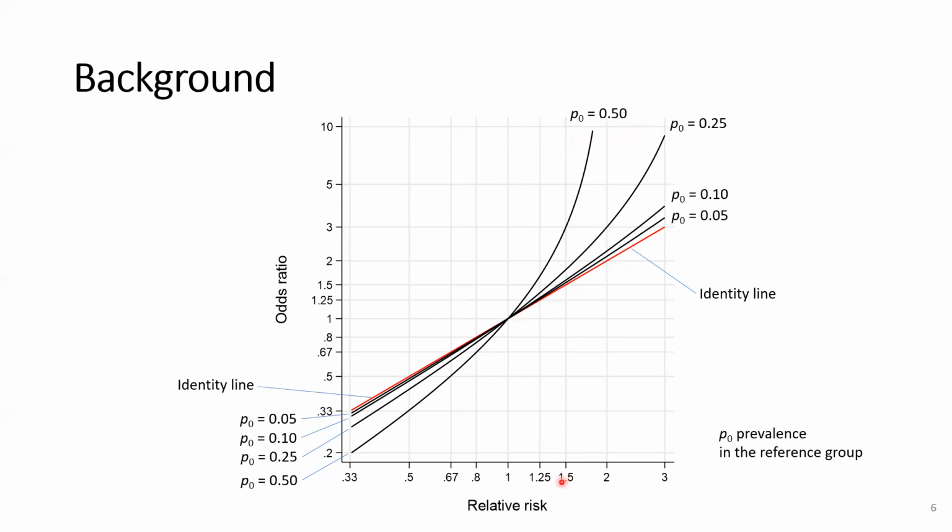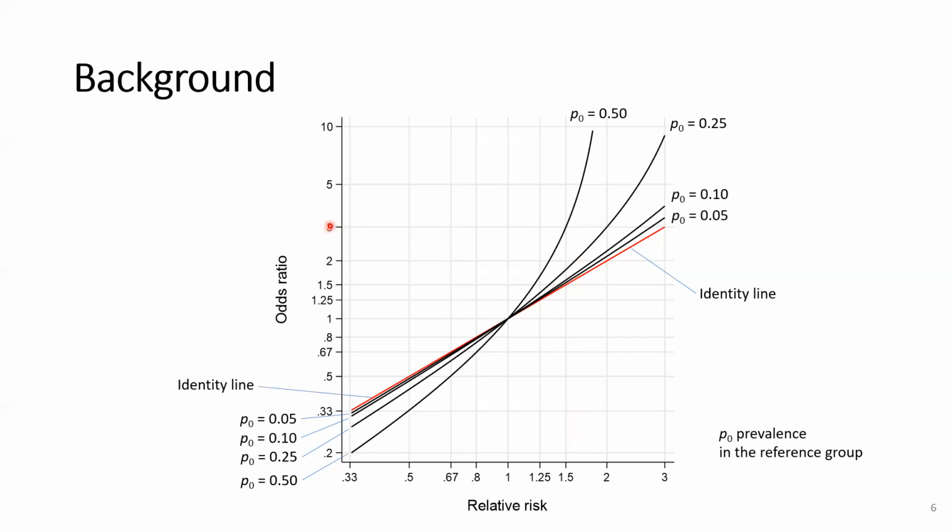It means that the other group has a prevalence of 75%, because it is 1.5 times 50%, which is 75%. In this case, relative risk is 1.5, but odds ratio is going to be 3.